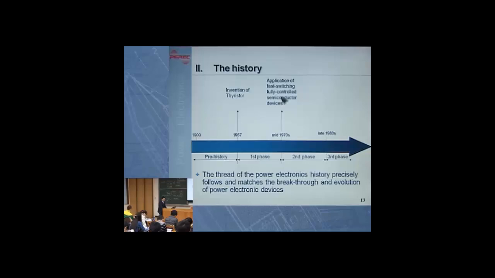When fully controllable devices such as GTO, GTR, and power MOSFET were invented in the 1970s, it entered the second phase. In the 1980s, when the IGBT was invented, it came to another phase of power electronics development.